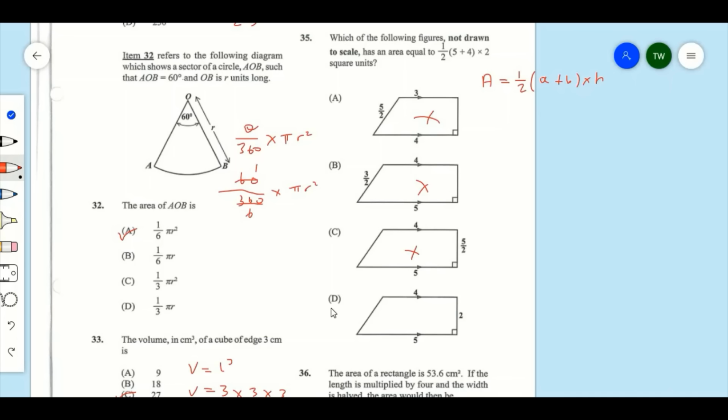So when we look at D, we have the height to be 2. We know that A is going to be 4, and B in this case is going to be 5. So D is going to be the correct answer in this case.